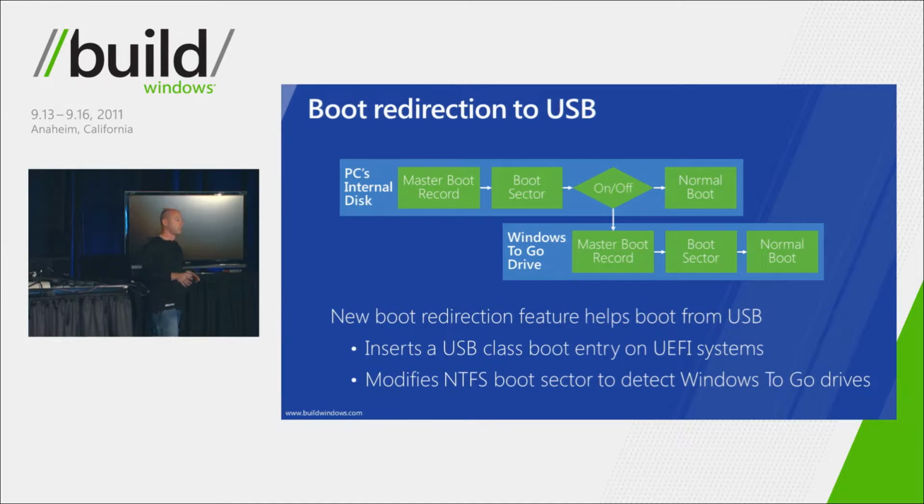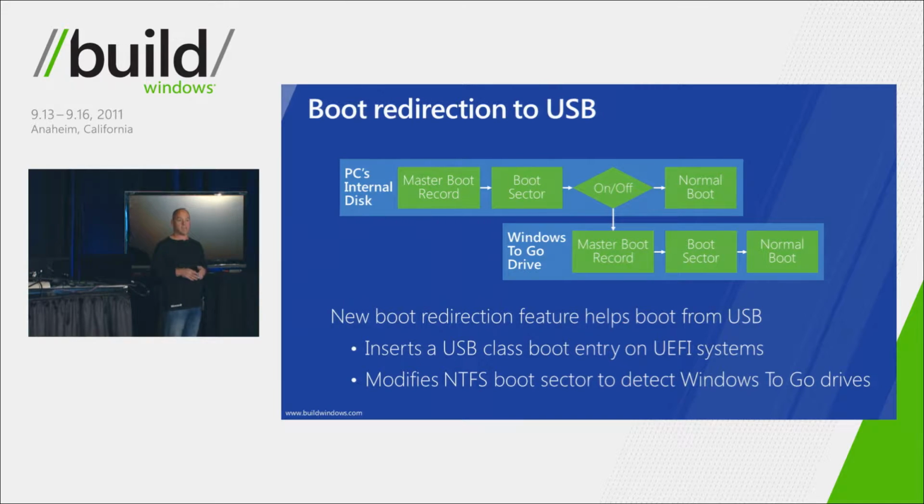Probably one of the most challenging issues that we'll have with Windows to Go is how do you boot to USB? Some machines boot to USB, some machines you need to go into the firmware and force the machine to boot USB. So it's a one-time change in the firmware, or there's a key sequence that you need to press, like F2, to get a boot menu.